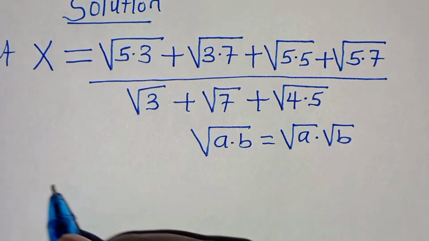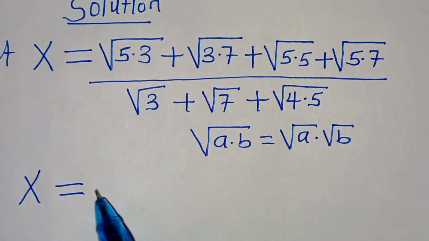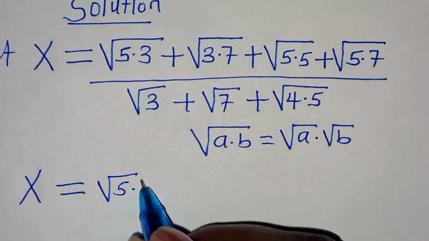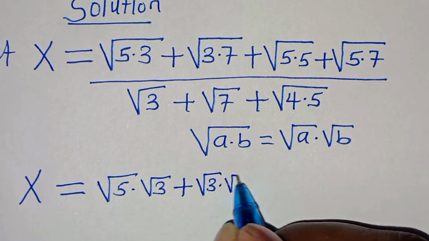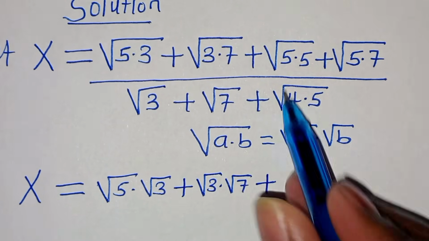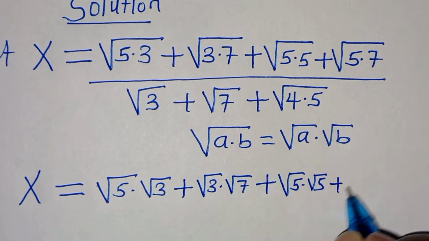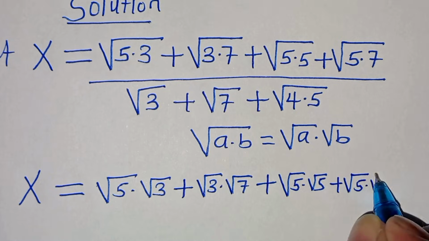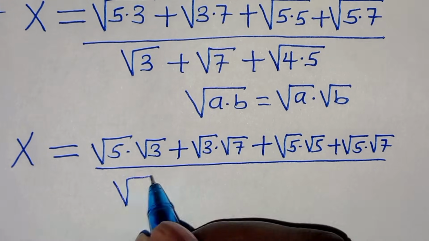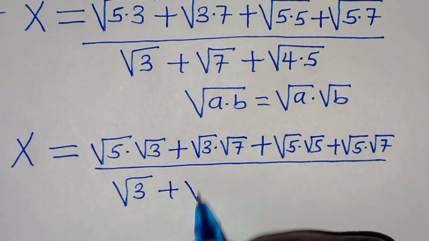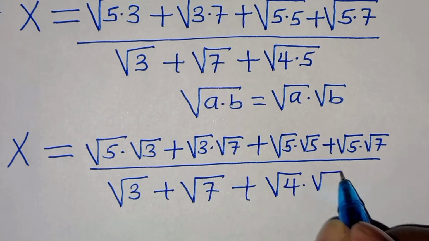Applying this property, we have x is equal to square root of 5 multiplied by square root of 3 plus square root of 3 multiplied by square root of 7, then plus square root of 5 multiplied by square root of 5, then plus square root of 5 multiplied by square root of 7, divided by square root of 3 plus square root of 7, then plus square root of 4 multiplied by square root of 5.